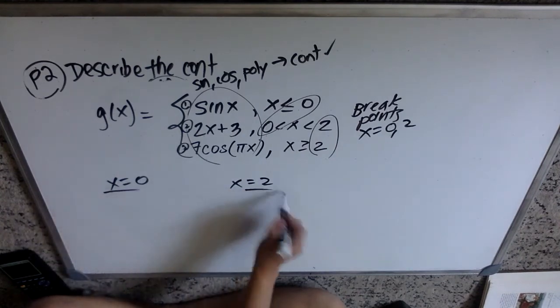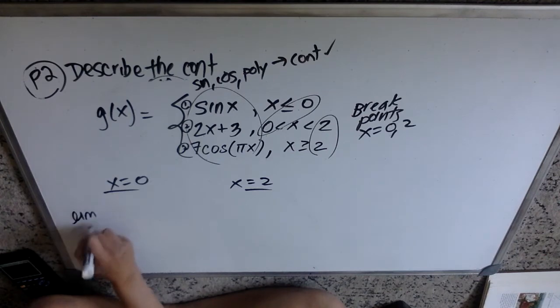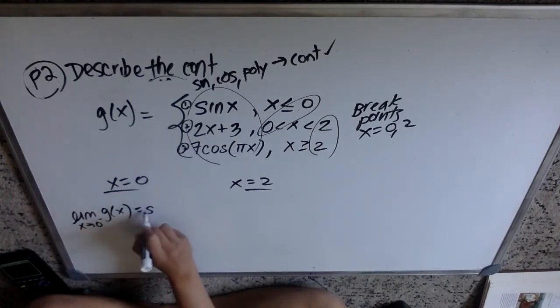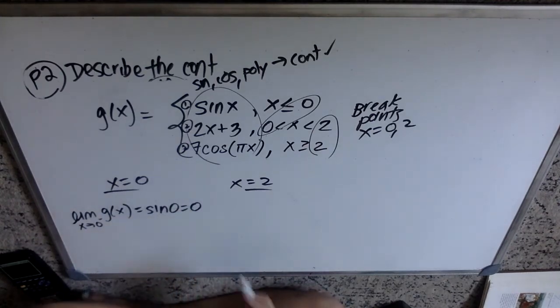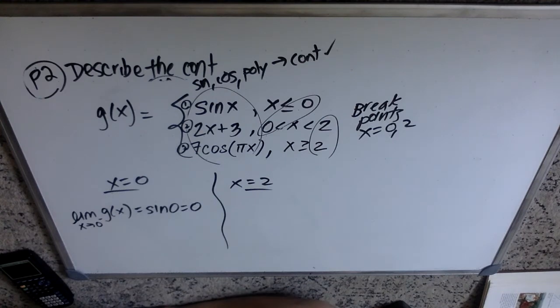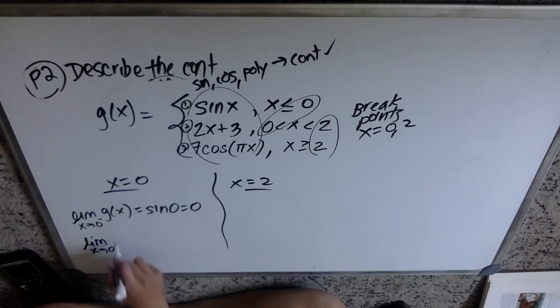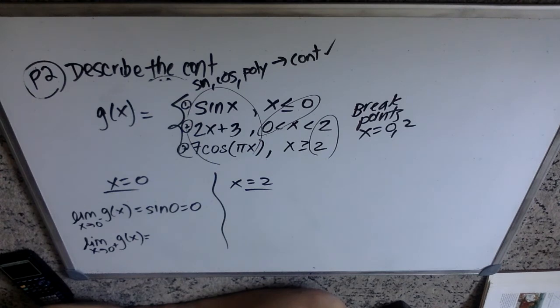So at x equals 0, the limit as x approaches 0 from the left of this function g of x is going to use the values before 0, so that's going to be sine of 0, which is 0. And if you're like, oh, how does she know the sine of 0 is 0? You need to memorize your unit circle. I have tons of good videos on that if you look in the pre-calc section of my website and also on my YouTube channel.